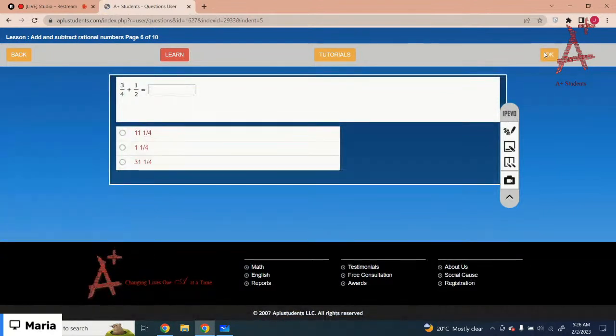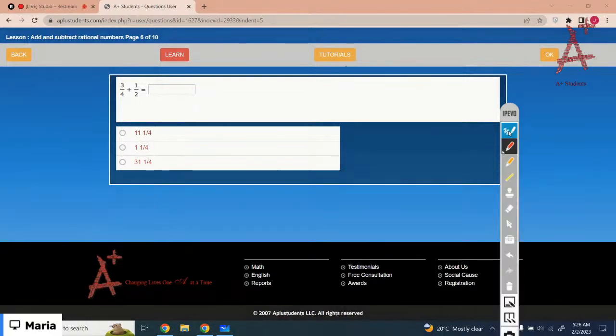Okay, the next one is 3 over 4 plus 1 over 2. So they have unlike denominators. First, we have to make their denominators the same. The greater denominator is 4. You have to make the smaller denominator equal to 4. Got it? So 2 times 2 makes 4. Just multiply this fraction by 2 over 2. So it would be 2 times 1 is 2, 2 times 2 is 4. Got it?